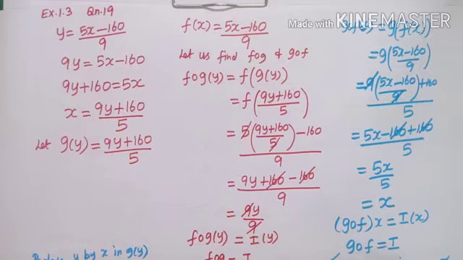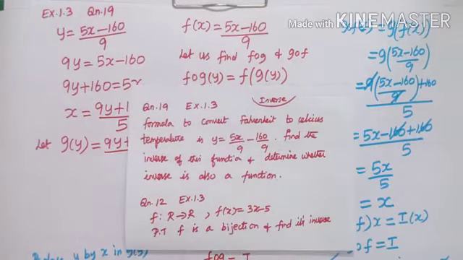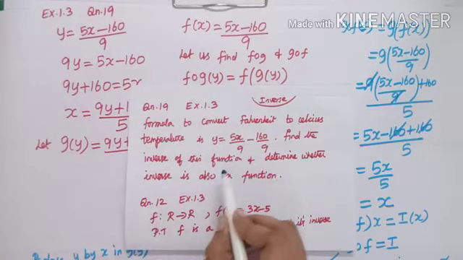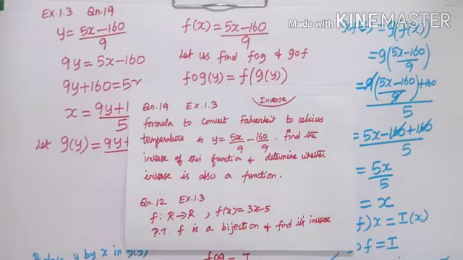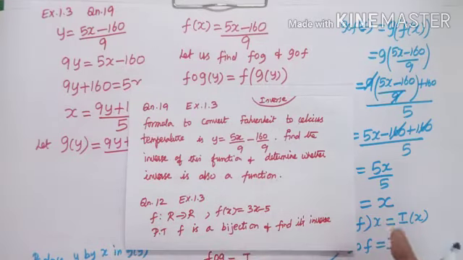When do you say bijection? Whenever inverses exist, we can call them bijections. Bijection means it is one-one as well as onto. Coming back to the question, what have they asked? Find the inverse of this function. We have found out the inverse. Determine whether the inverse is also a function.